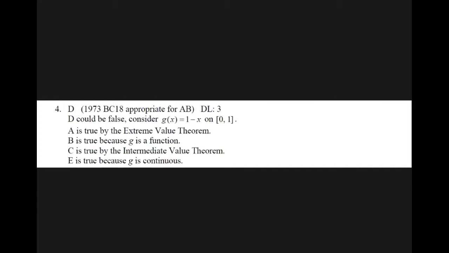MVT will involve a slope. So you'll usually see the word slope or rate of change. EVT is going to ask you to find an extrema. It's going to be an absolute max or an absolute min.